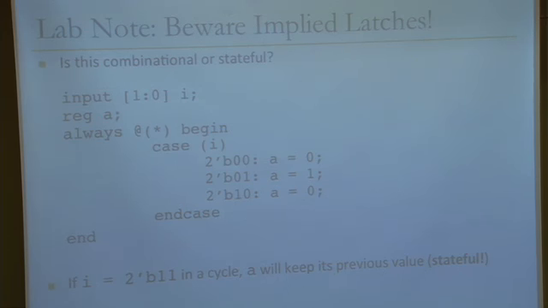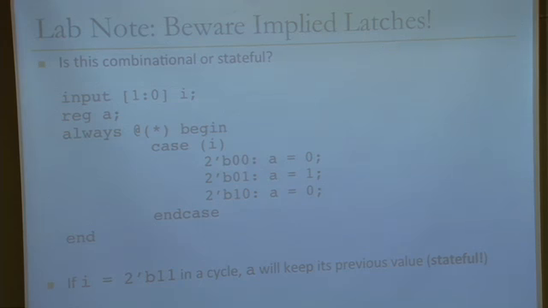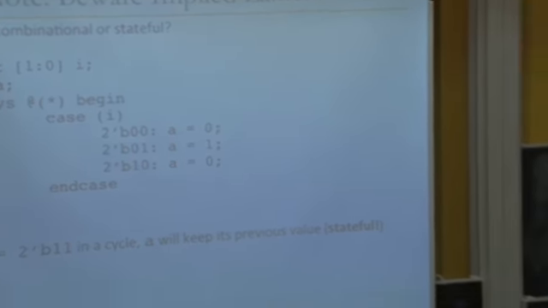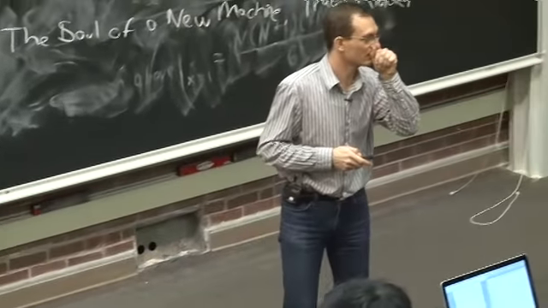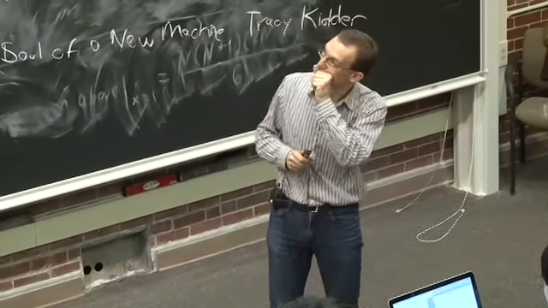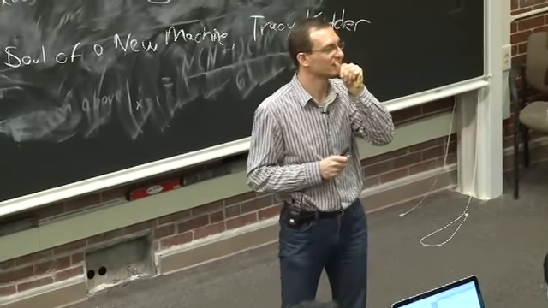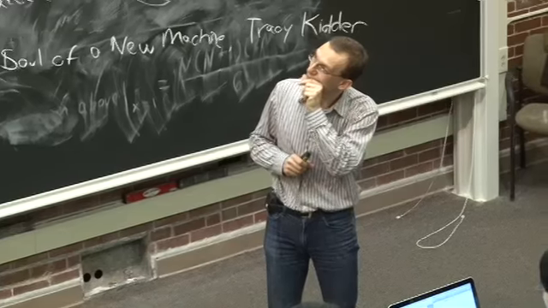Which means, how would you know what the value of it would be in the next cycle? Well, it's implicitly a latch in that case, right? If we declared initially the zeros, would we say, always @(*) begin, A equals 0?